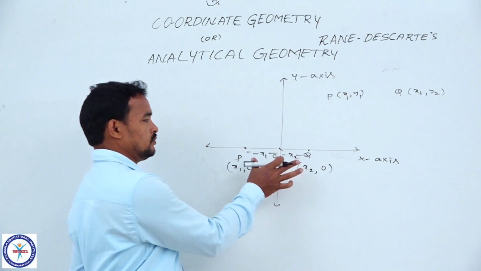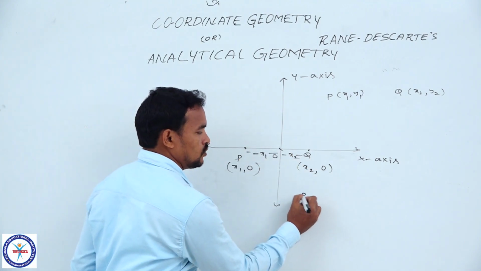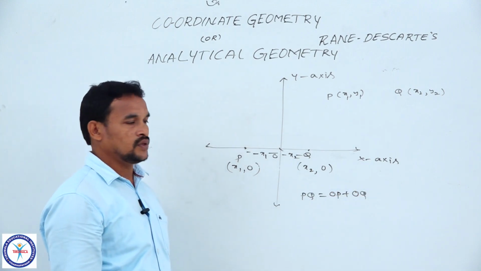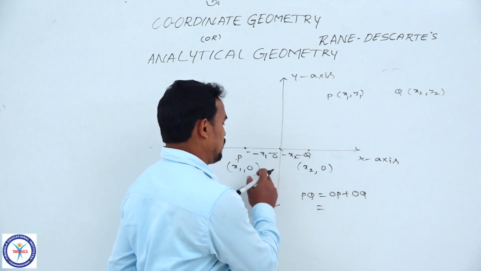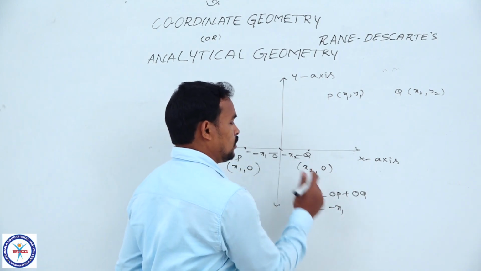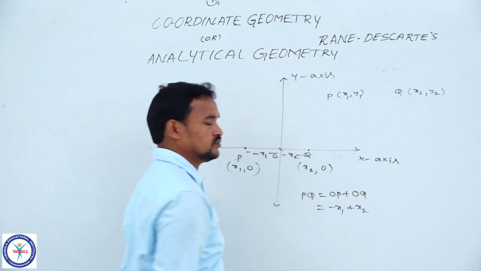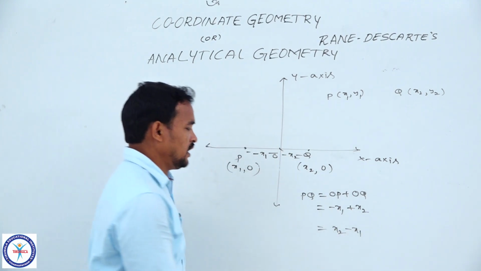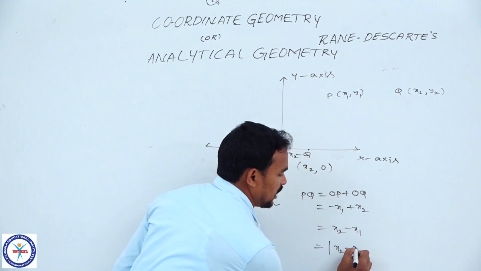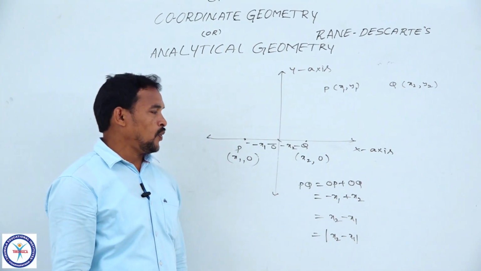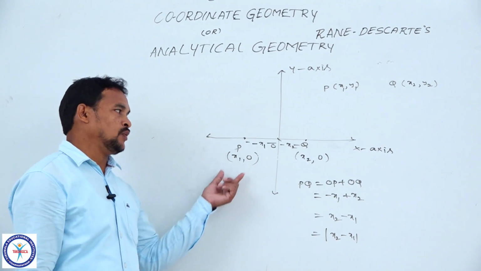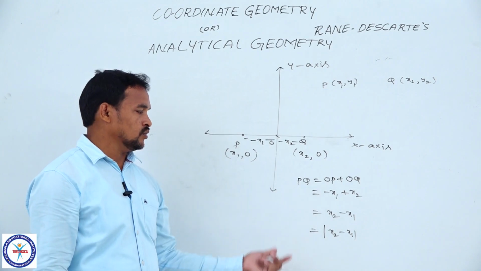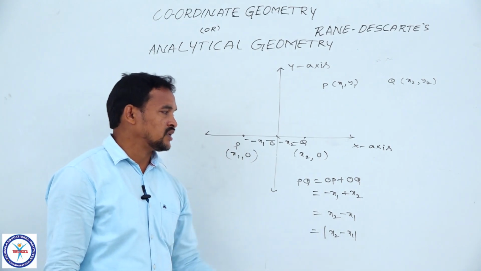Now the distance PQ is OP plus OQ. Here OP means minus x1, OQ means x2, so it is x2 minus x1. Generally it is taken as mod x2 minus x1. If both points are on the x-axis, the distance between P and Q is mod x2 minus x1.